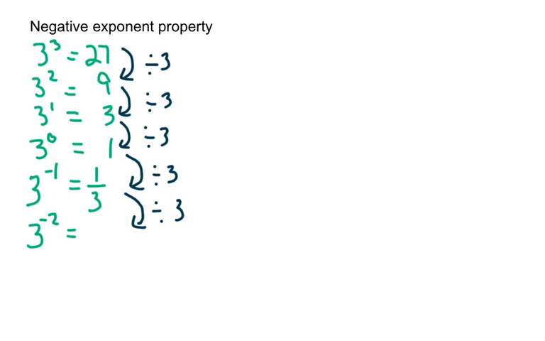Now, I'm going to come off to the side here for a second. 1/3 divided by 3 is the same as 1/3 times the reciprocal. That's the keep, change, flip that you learned in the past. The reciprocal of 3 is 1/3. So 1/3 times 1/3 is 1/9. So, if we complete our table over here, 3 to the negative 2 power is 1/9.